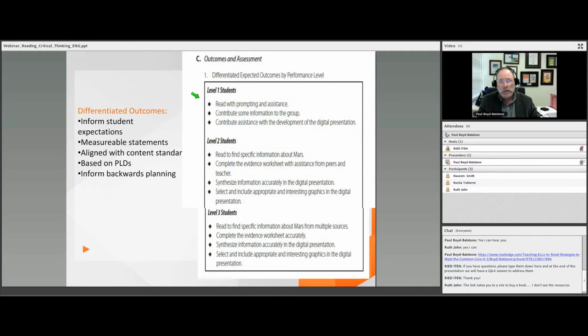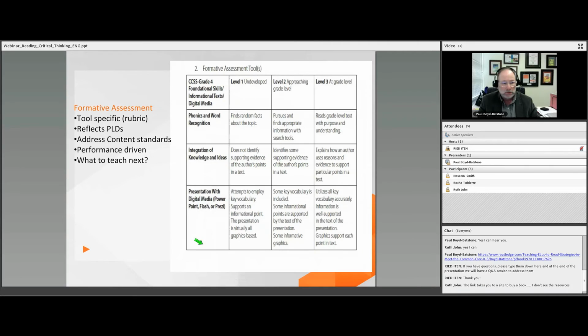These are the different student outcomes differentiated according to each level. You can see that. And these provide information for my assessment. Once I've decided exactly what I'm looking for from each student at each level, then I can create an assessment tool.